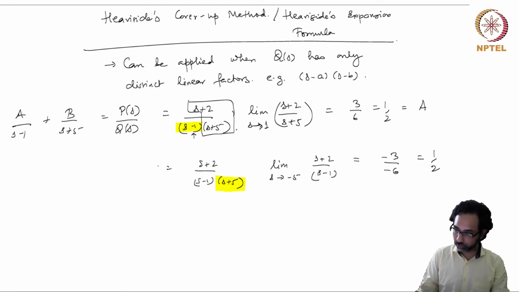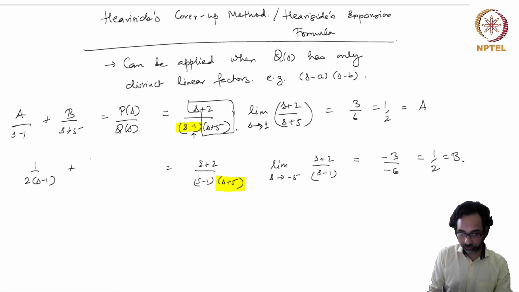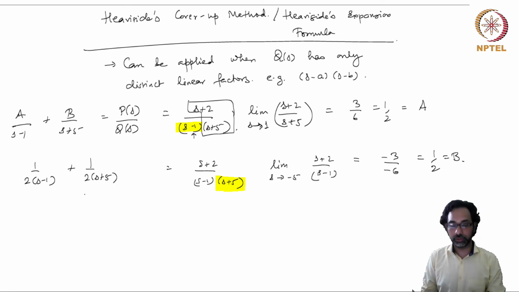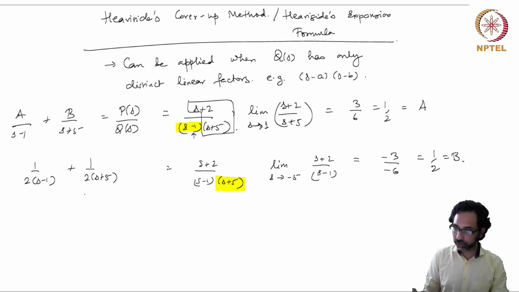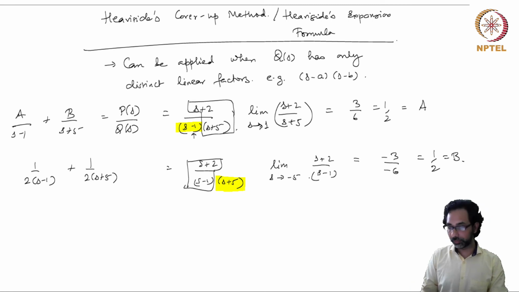So this gives you b. Therefore we have half times 1 over s minus 1 and half times 1 over s plus 5. This is just a simple example to illustrate how to cover up one of the factors and take the limit for the resulting function.